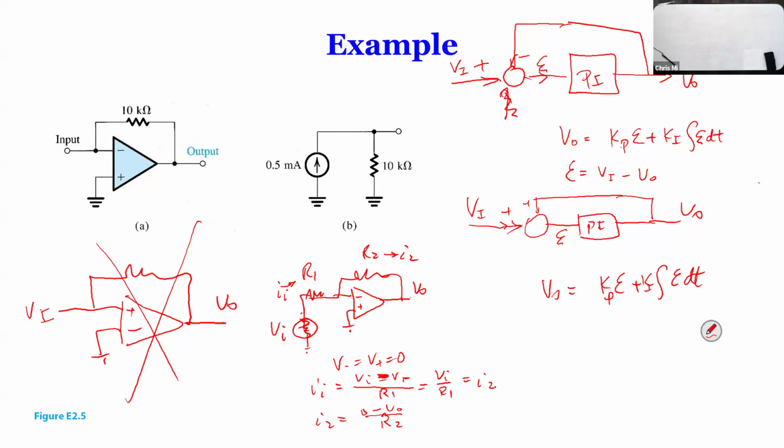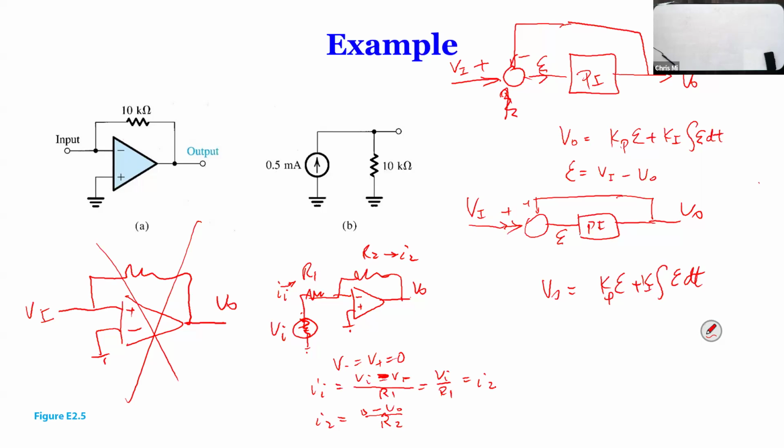Because no current goes into the op-amp, all of I1 goes through here. Then 0 minus VO divided by R2 gives the current in this branch, and this branch current is the same as that one. So I1, which is Vi divided by R1, equals I2, and 0 minus VO divided by R2 equals I2. Therefore VO equals minus I2 times R2, and I2 equals Vi over R1.